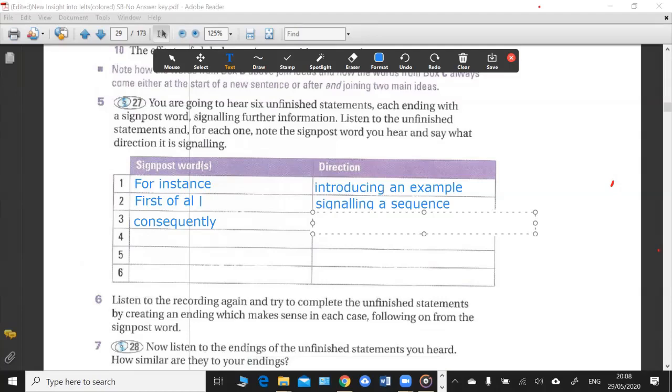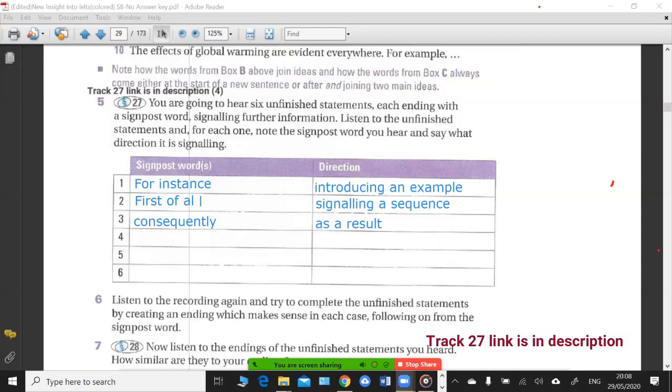What is another word for consequently? Consequences, like as a result. Someone said as a result. As a result, like after something happened, now here is the result. That is a consequence.